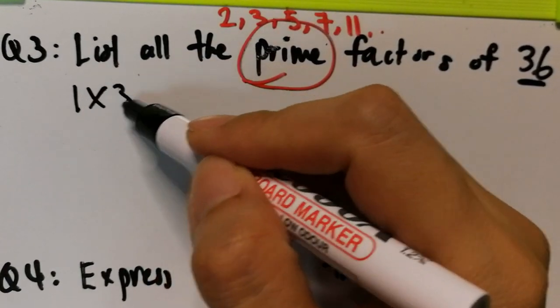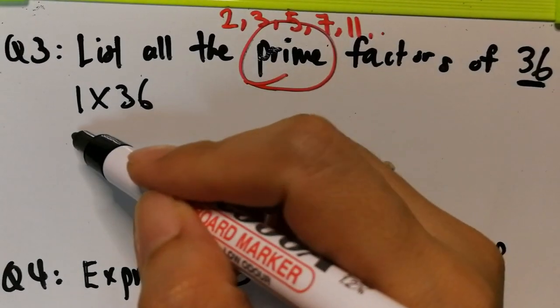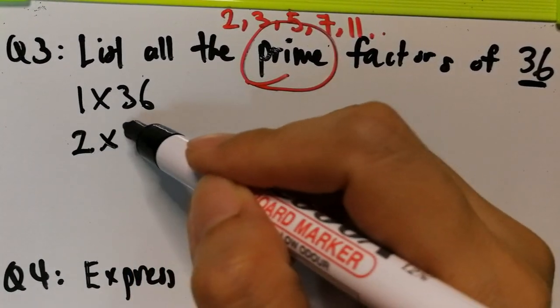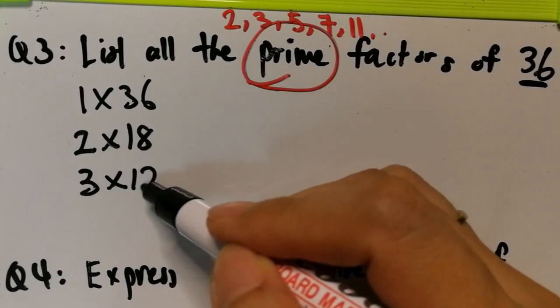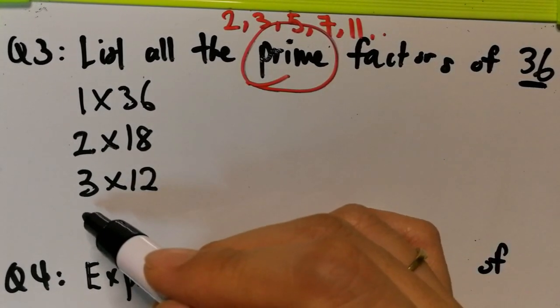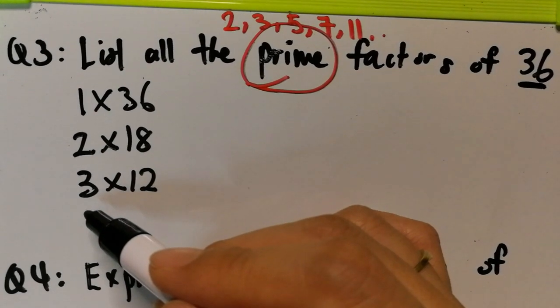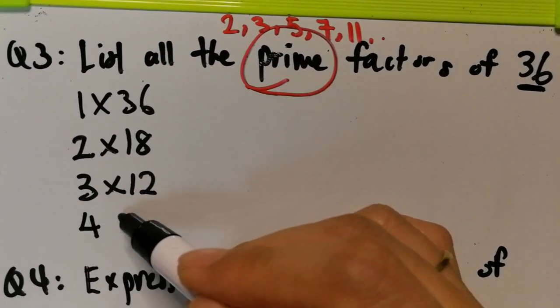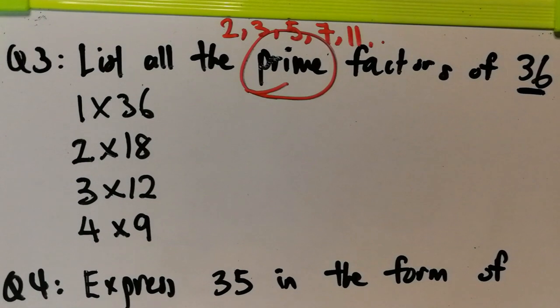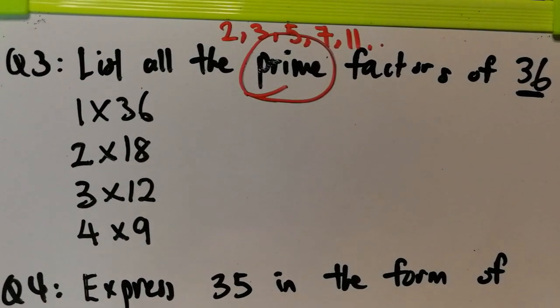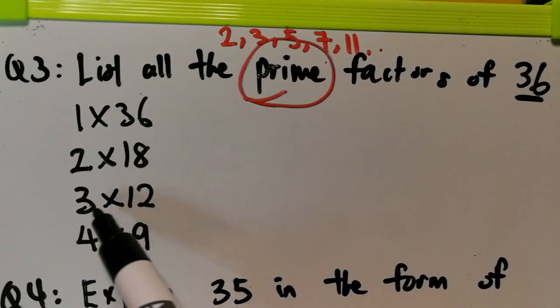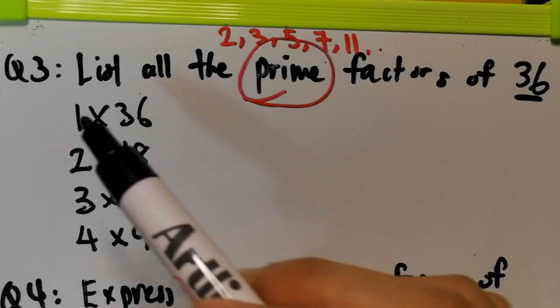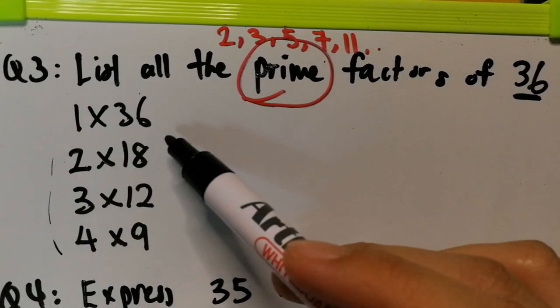First we have 1 multiplied by 36, 2 multiplied by 18, 3 multiplied by 12, is there a 4? 4 multiplied by what? Okay, is there anything else? Because we are doing the U-turn.